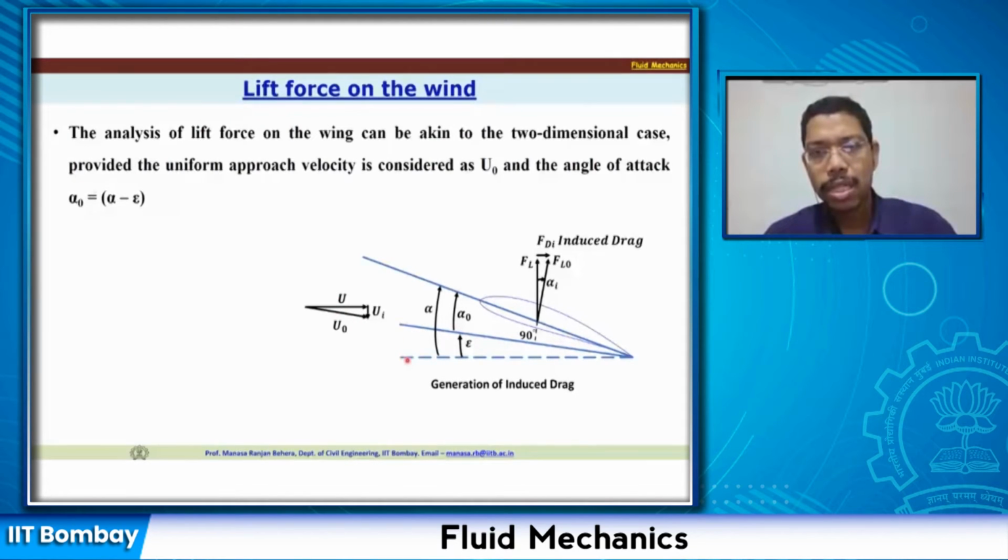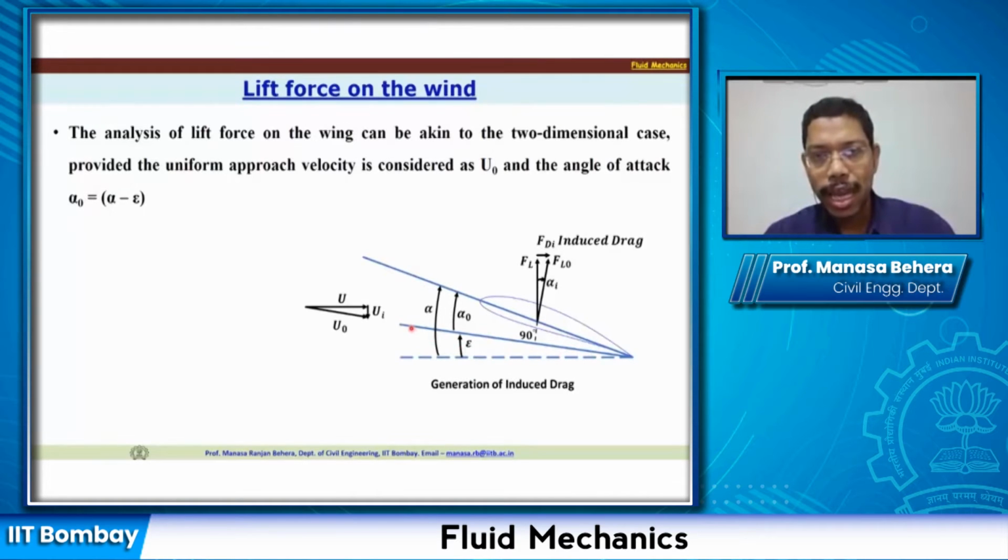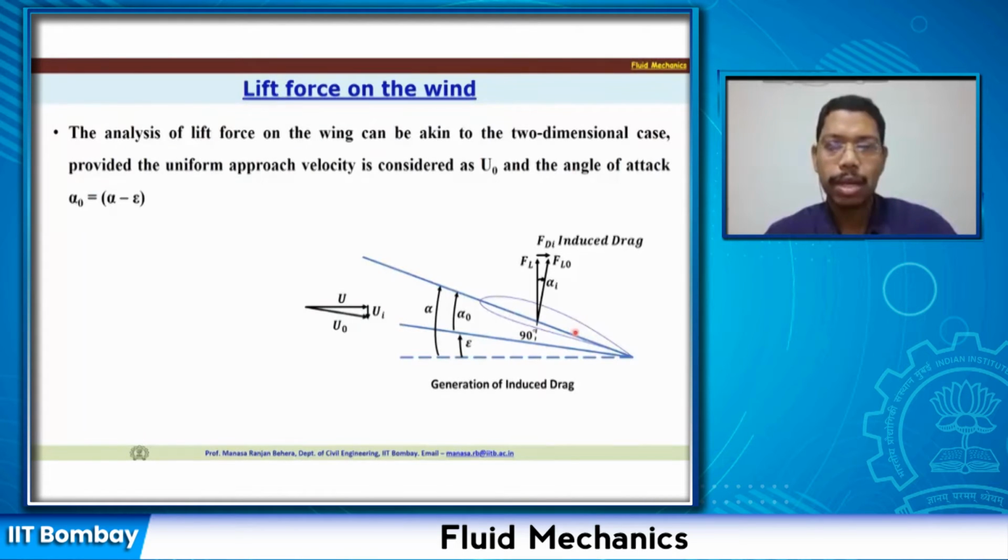Assume the dotted line is our horizontal surface, and the line drawn here is the direction of the fluid motion. Let us say the wind is blowing in that direction, and the airfoil or wing of the aircraft has an angle alpha with respect to horizontal.